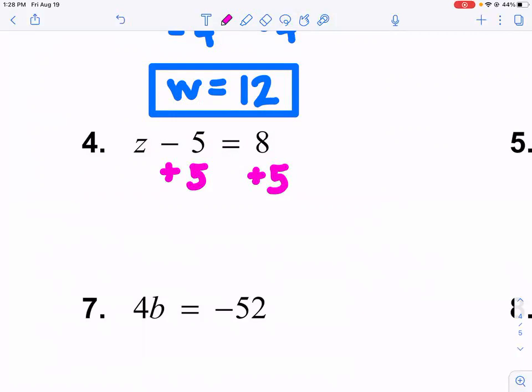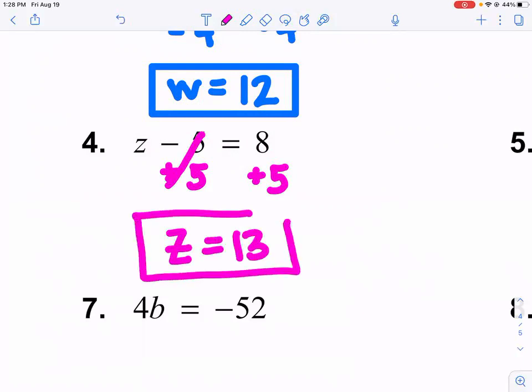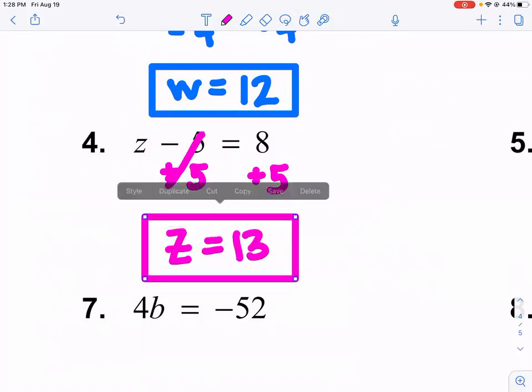Okay, since we have Z minus 5 and we want Z by itself, we're going to add 5 to both sides so that that 5 is gone and we have Z equals 13. And we can check, is 13 minus 5 equal to 8? Perfect.